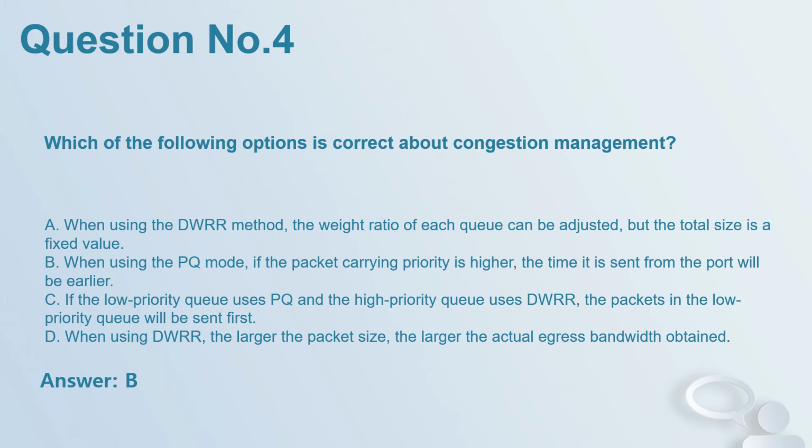C. If the low priority queue uses PQ and the high priority queue uses DWRR, the packets in the low priority queue will be sent first. D. When using DWRR, the larger the packet size, the larger the actual egress bandwidth obtained. Answer. B.